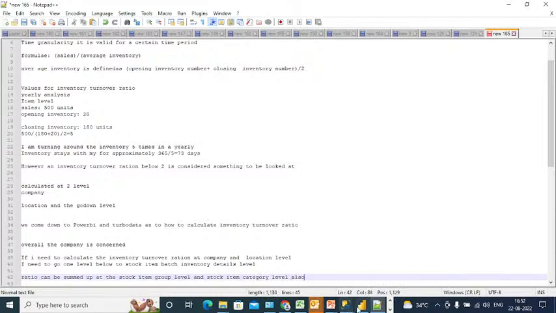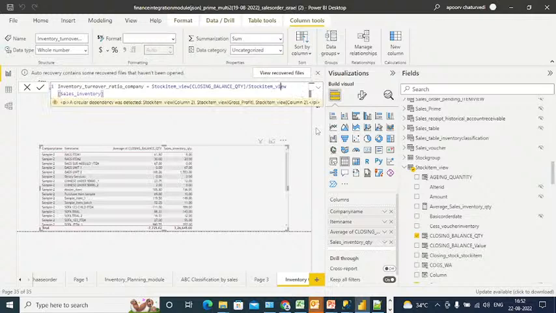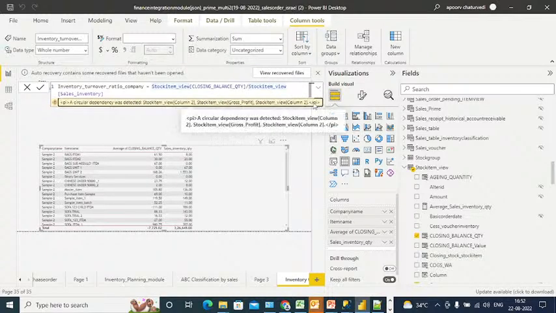But please remember to keep the average of inventory here. Right now there is a circular dependency which has come in. So column 2, stock item view, profit, stock item view, sales inventory, stock item view, closing balance inventory.